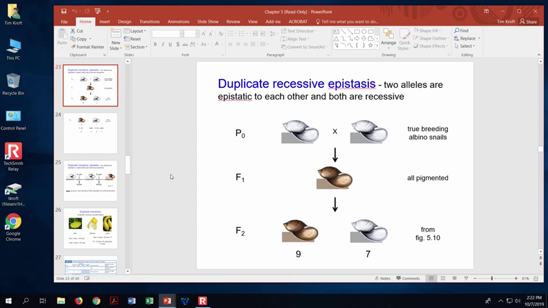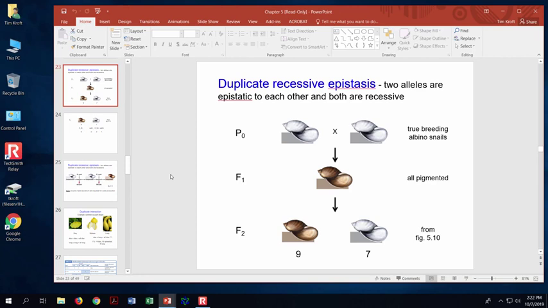You get a 9 to 3 to 3 to 1, a total of 16. Then to figure out what's going on, you have to look at what gets combined. So in each case where there's epistasis, you get two or more of the classes combined together.